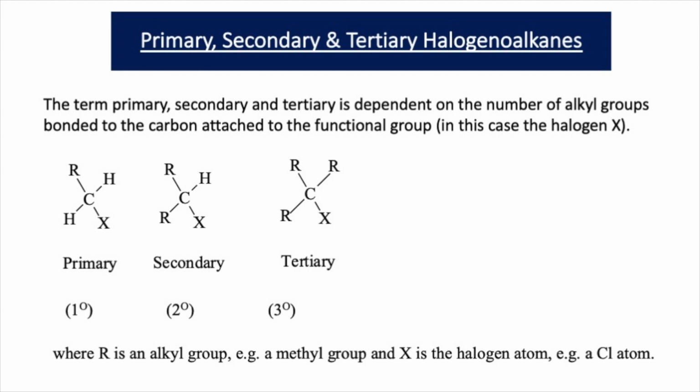Now if it's a primary halogenoalkane, it has 1 alkyl group attached to the carbon next to the halogen. And if it's a secondary halogenoalkane, it has 2 alkyl groups attached to the carbon next to the halogen. And if it's a tertiary halogenoalkane, it has 3 alkyl groups attached to the carbon next to the halogen.